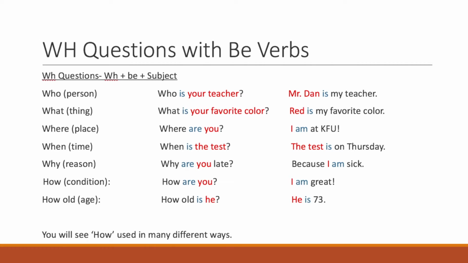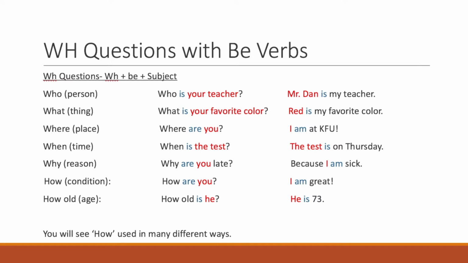Take a minute, pause the video, look at the question structures, and identify how the question is formatted slightly different than the answer, whereas the be verb in a WH question comes before the object or subject, the information you want in the question.